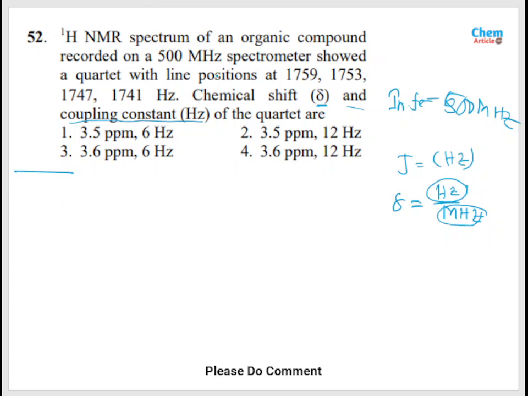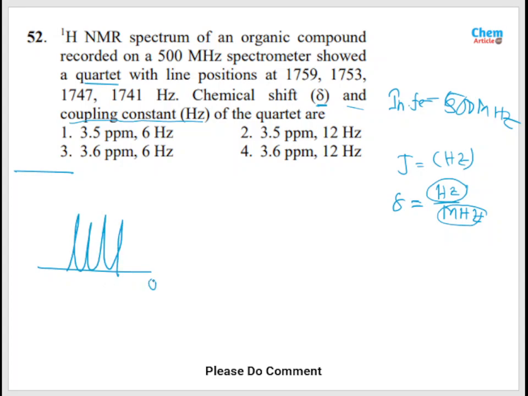And we know that this is a quadrant line, which means 4 lines.